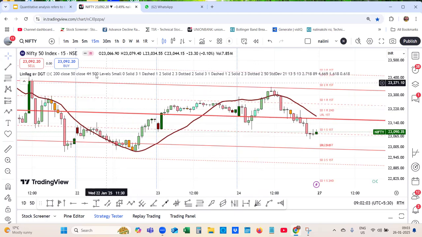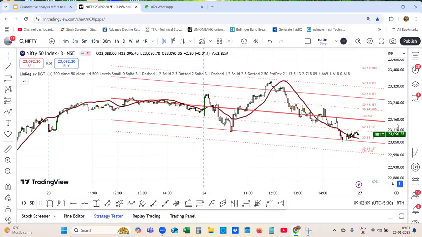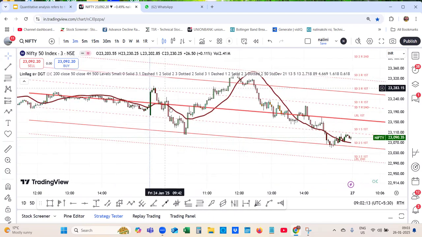Even if you go to the lower time frame, you can see after this, you could have taken a sell call on Friday here after noticing rejection from there.